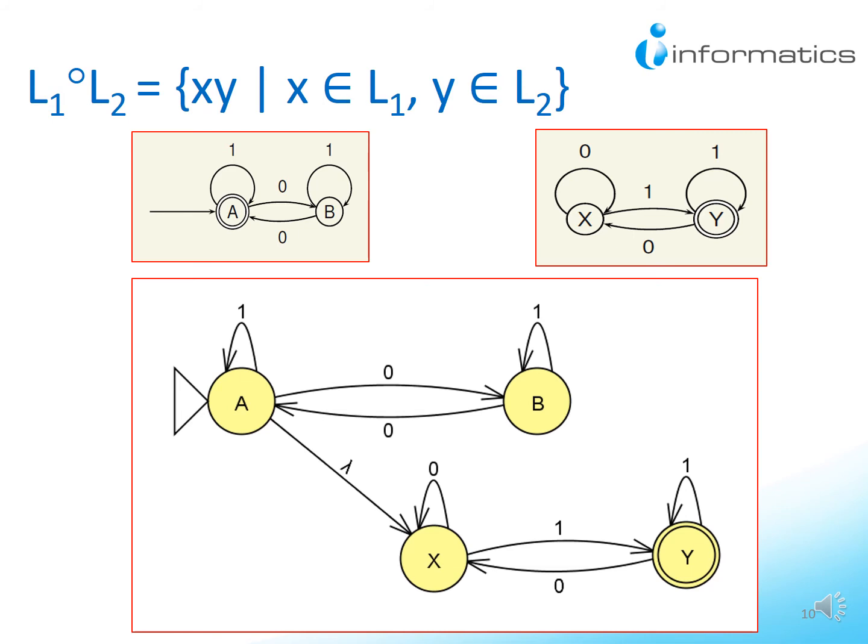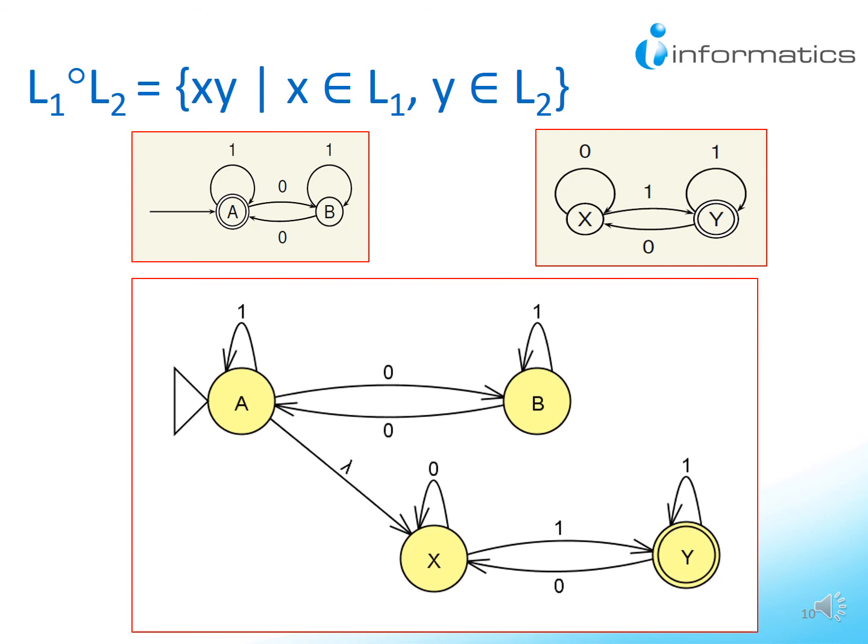So what we can do is construct a machine that starts from A, the initial state of the first machine, and runs until the first machine goes into the final state A also. We apply a lambda move to the initial state of the second machine. Then we let the second machine run.